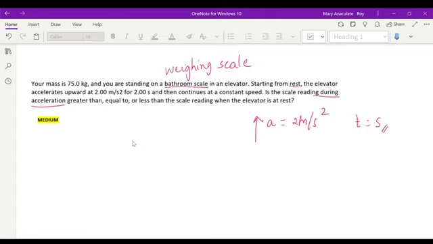So you might get questions in multiple choice or a writing part question. So understand, how does the weighing scale reading change in an elevator? We all might be thinking the weighing scale should always read our actual weight or actual mass, but that's not the case. It does not read the same.